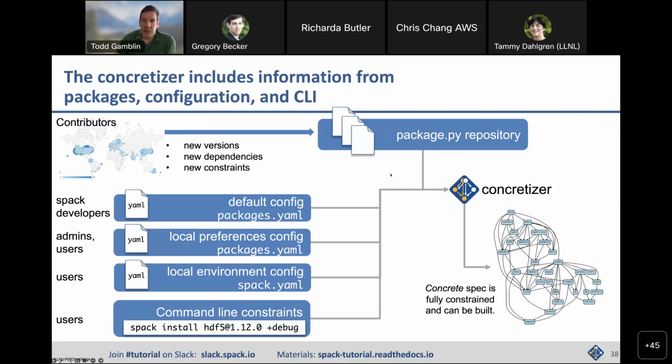It is actually doing that with a whole lot of information from different places. So the concretizer takes information from package.py files, which come from all the contributors who contribute to Spack, like 7,000 of these, from developers who specify things in places like packages.yaml. You'll learn about this in the config section.